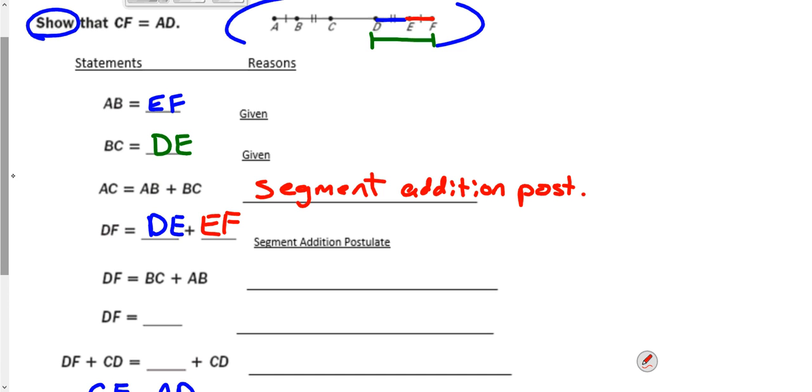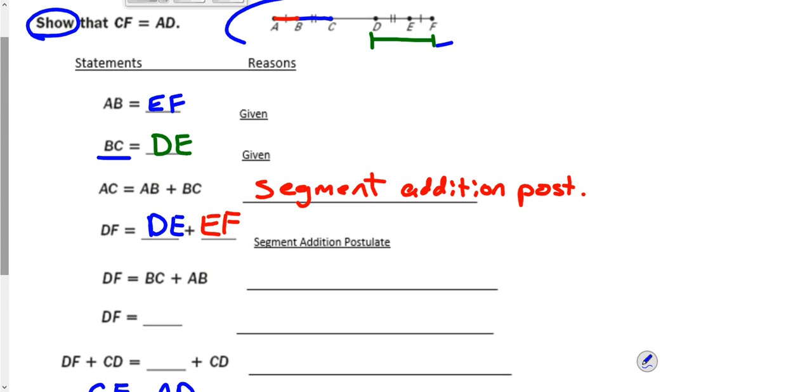But if we look up at our diagram, now we're saying that DF equals BC plus AB. How did we get over there? If we notice, DE is also equal to BC.